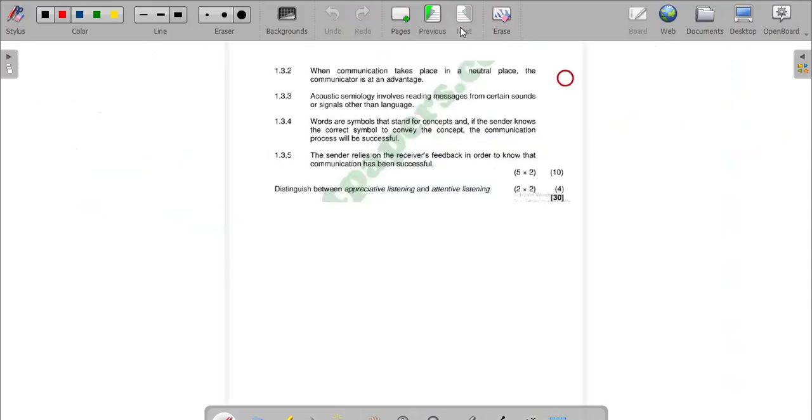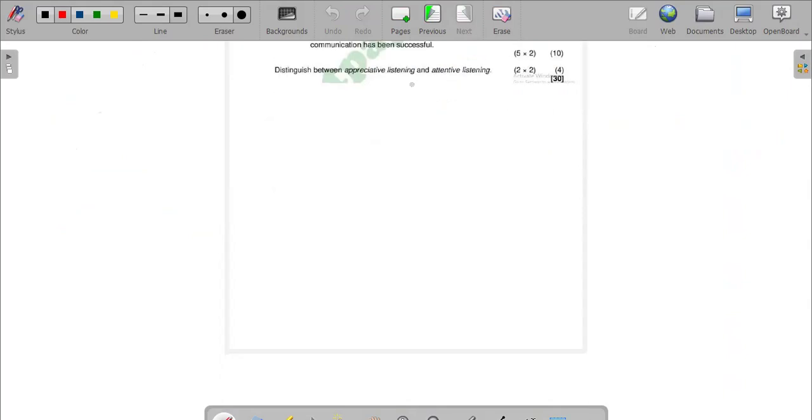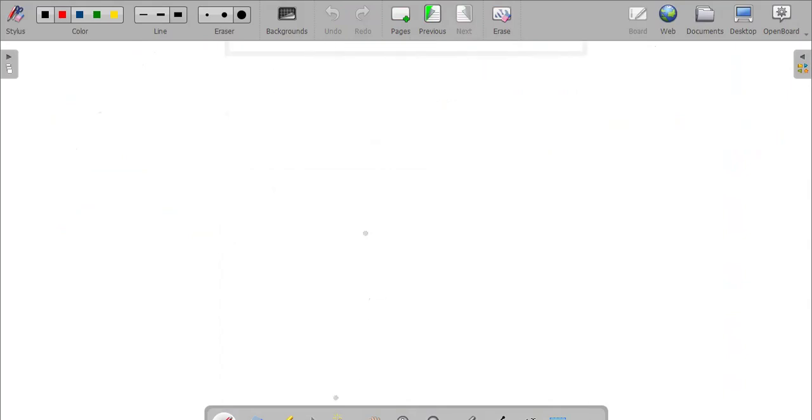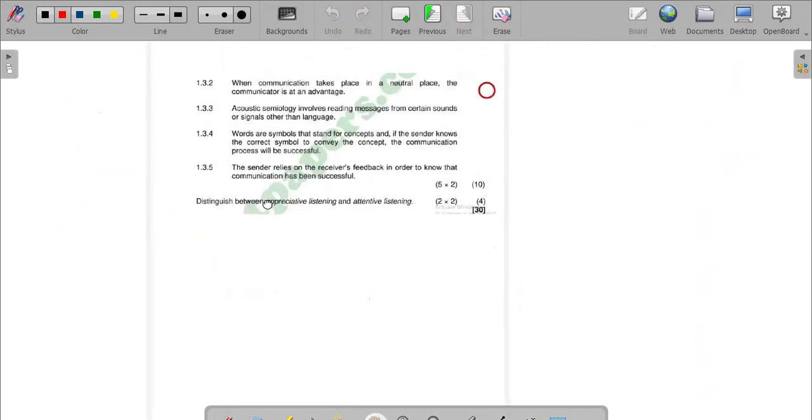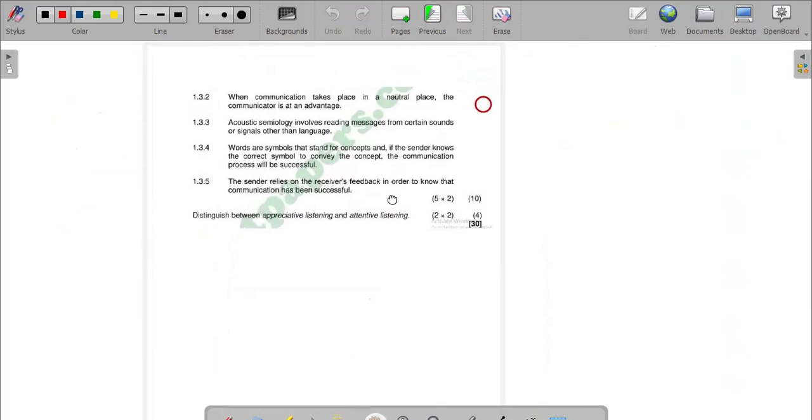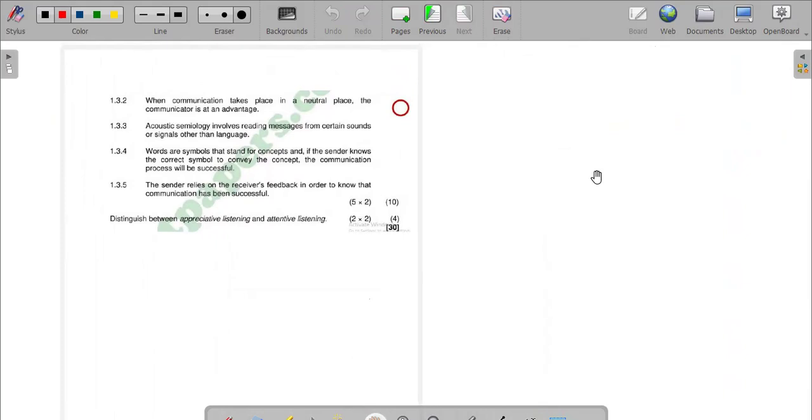So let's move on to 1.32. When communication takes place in a neutral place, the communicator is at an advantage.